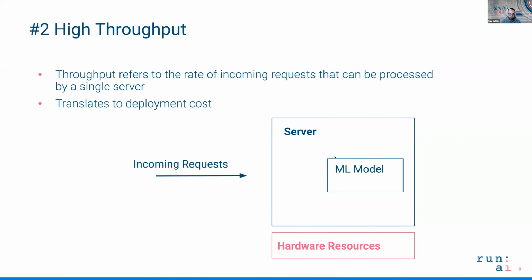This translates directly into the deployment cost, because higher throughput means we can serve more requests on the same hardware resources. Both low latency and high throughput are not unique to machine learning serving. They are also requirements for a basic web serving system.